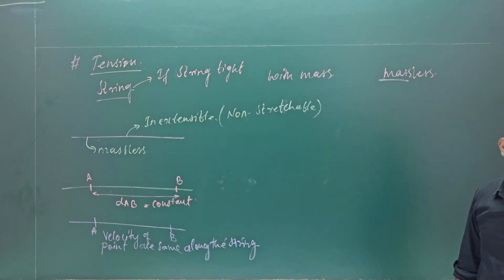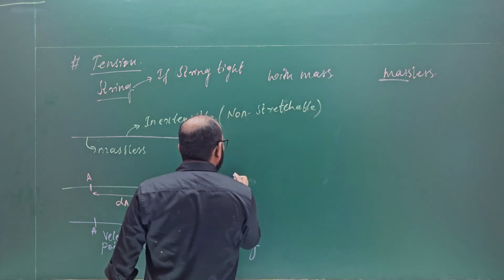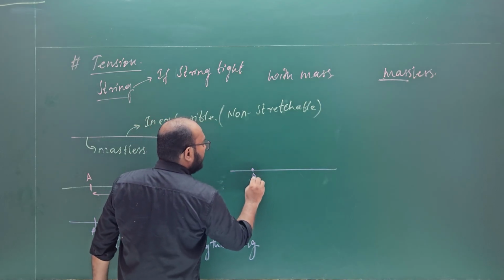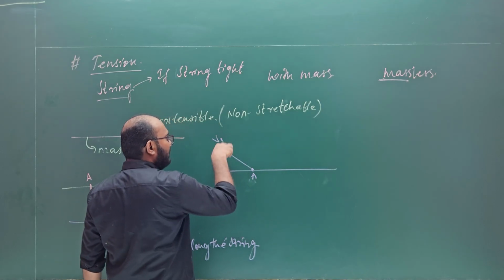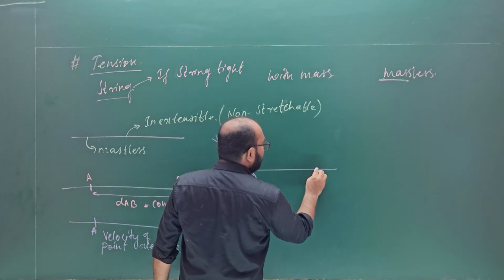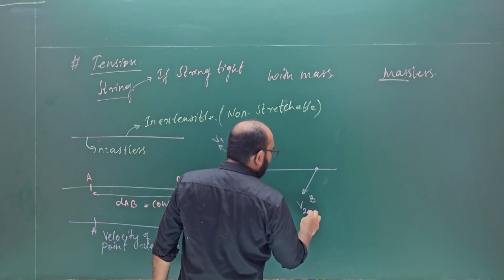Similarly, we know that tension is a vector quantity, because tension is nothing but a force. Consider here is the point A, moving in this direction with v1 velocity, and this point B is moving in this direction with v2 velocity.